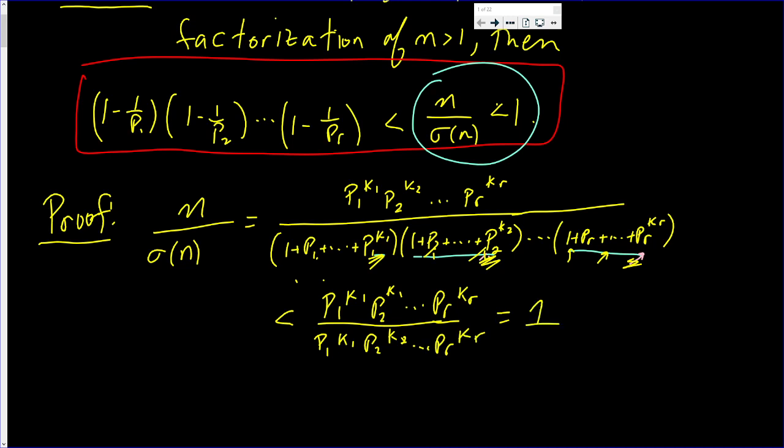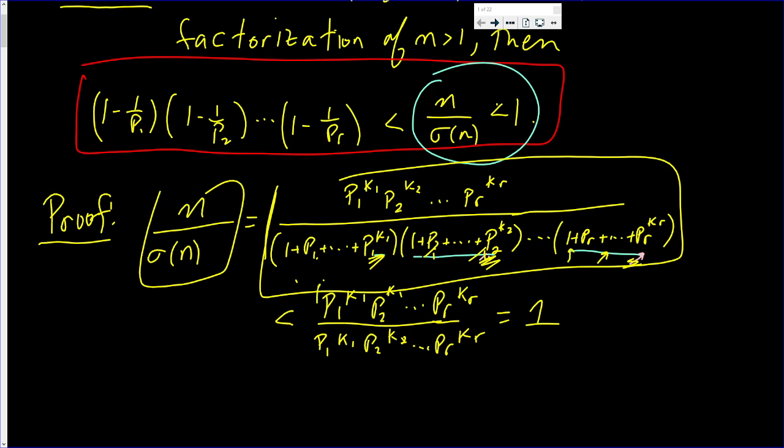But that's 1. So I showed that this, which equals this, which is less than that, equals 1. That means this is less than 1. So I have that one.